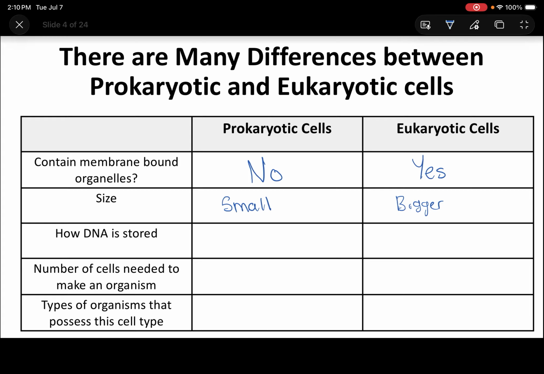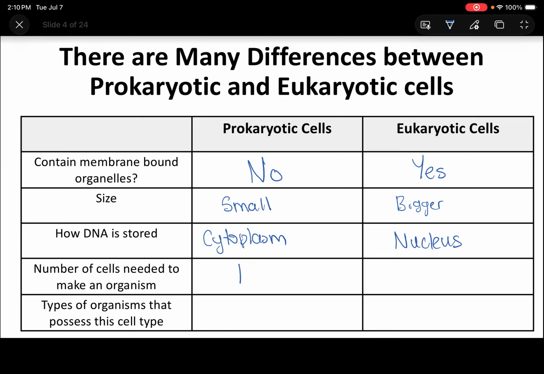DNA in prokaryotes is stored in the cytoplasm, which is just the general area within the cell, whereas in eukaryotes it's stored in the nucleus. Prokaryotic cells typically exist as single cells, so just one is usually enough to make an organism. So most bacterial cells that we think about, a singular cell is considered a single organism.